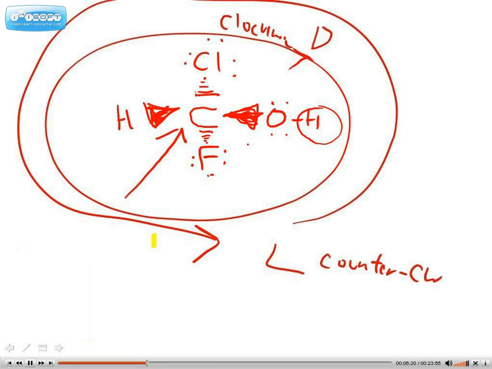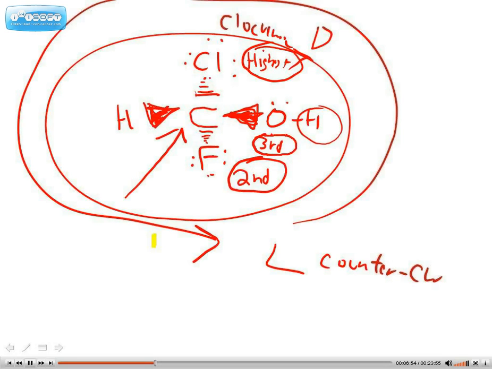So in this case, chlorine would have the highest atomic number, looking at our periodic table. The second highest atomic number would be fluorine. And finally, the third highest would be oxygen.